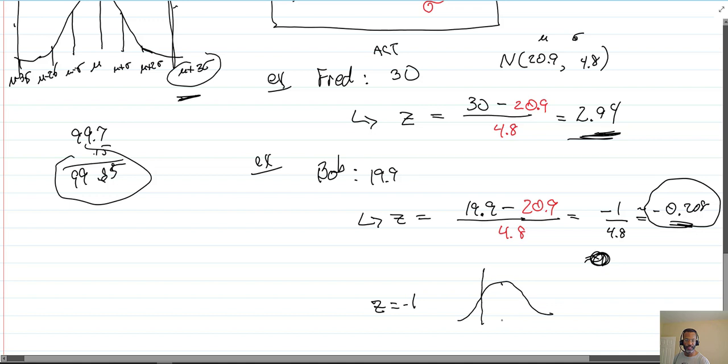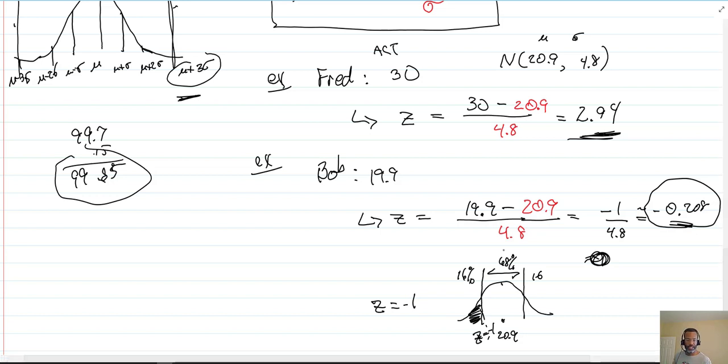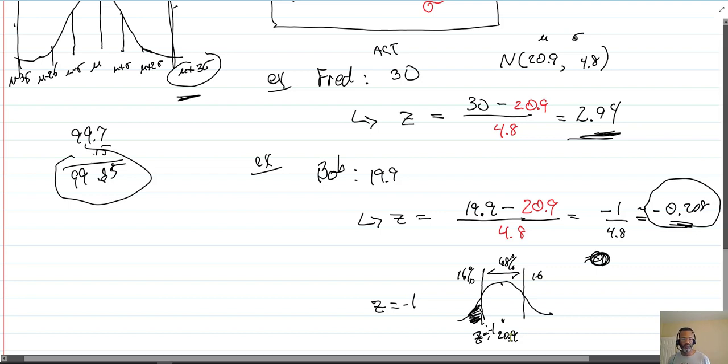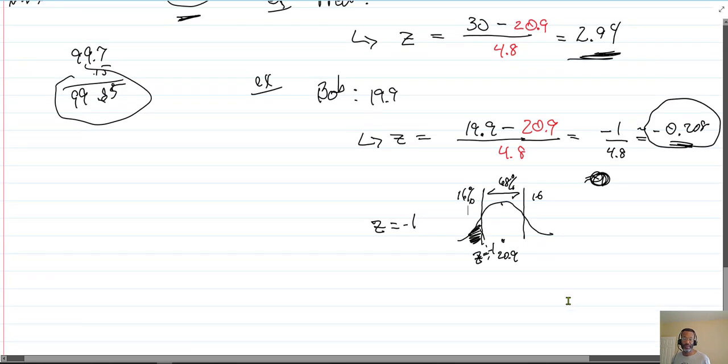Because at z equals -1, given that the mean is 20.9 and 1 standard deviation captures 68% with 32 left, so 16 and 16, someone who has a z-score of -1, to the left of that value is 16%. So someone who scores a value where z is -1 has done better than 16%, but also 84% has done better.